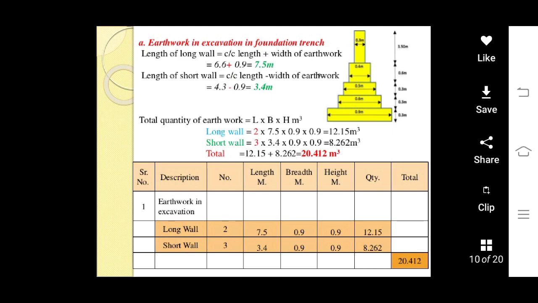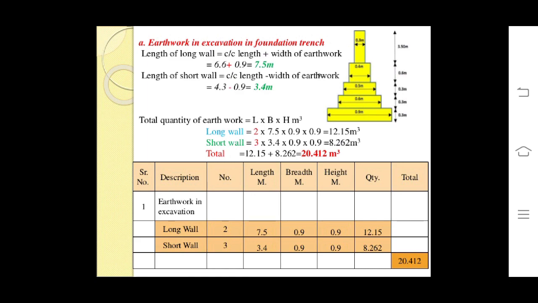The short wall quantity can be calculated by multiplication of 3 number of walls into 3.4 into 0.9 into 0.9, which is equal to 8.262 meter cube.